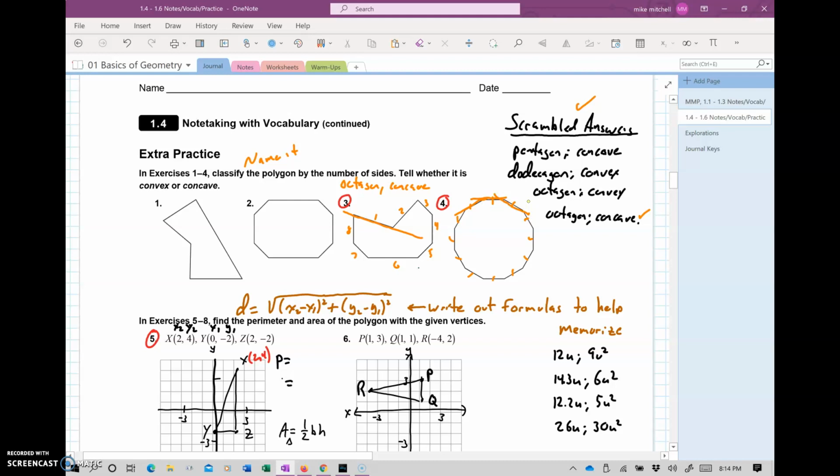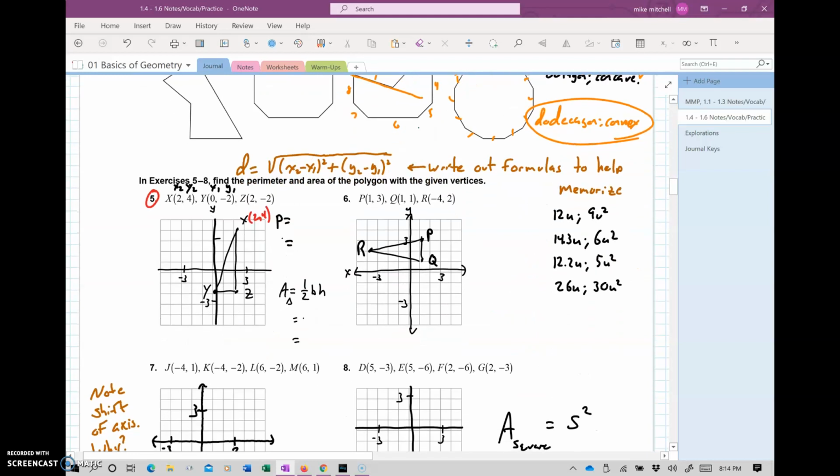That's a dodecagon, and it's convex. There's our answer. I probably should have written it down. Dodecagon and convex. Circle my answers. I forgot to. There's the first couple there.